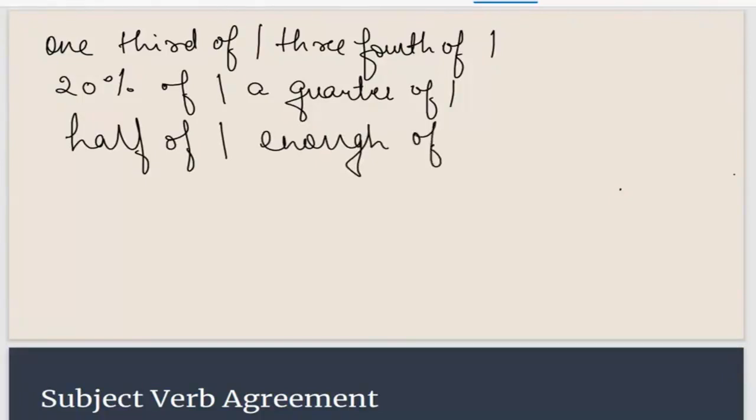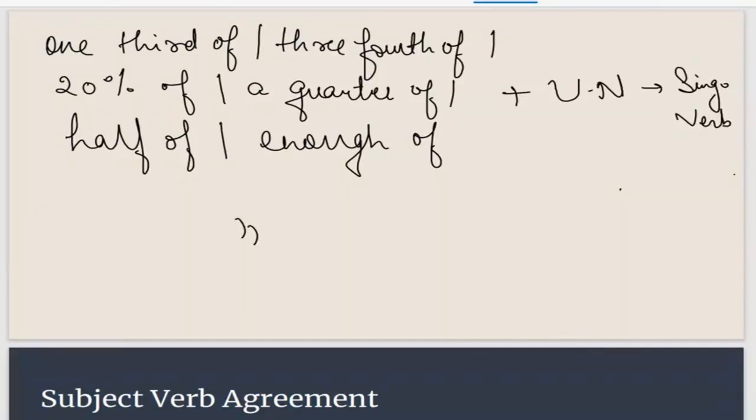These words are called fraction words. With these words, if there is an uncountable noun in the sentence, then with the uncountable noun we use a singular verb.